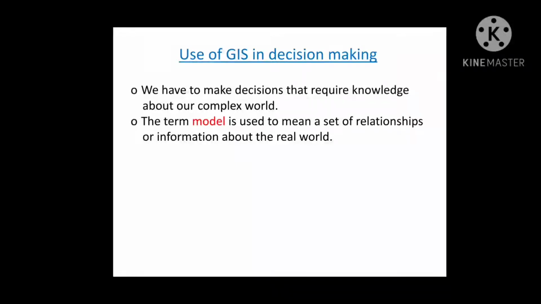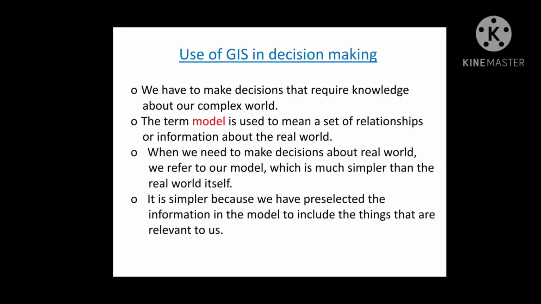The term model is used to mean a set of relationships or information about the real world. Our conceptual model of something is our understanding of what it is and how it behaves.